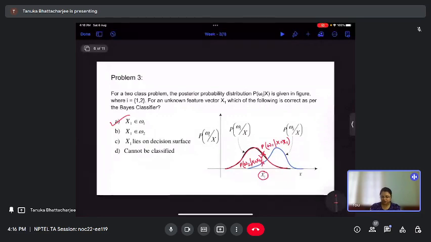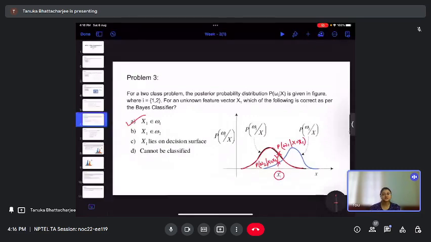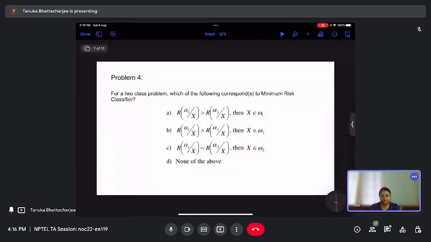Now we also saw another type of classifier, which is the minimum risk classifier, a more generalized version. If we have a minimum risk classifier, then what is the classification rule? We have to select the correct one. Which of the following corresponds to minimum risk classifier? In minimum risk classifier, as the name suggests, we try to minimize the risk involved.